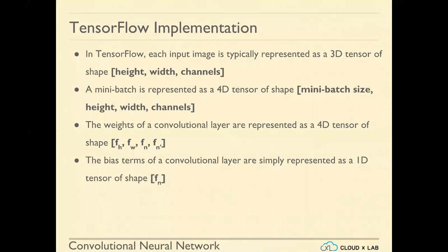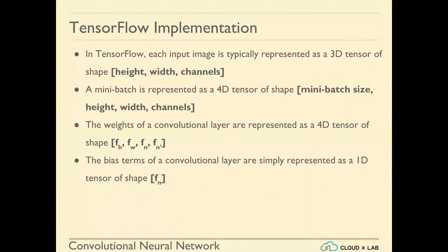Then we talked about how to implement it. In TensorFlow, each input image is typically represented as a 3D tensor: height, width, and channels. Since there could be multiple such images, the input will be a 4-dimensional tensor. The fourth dimension is how many images there are in each batch.